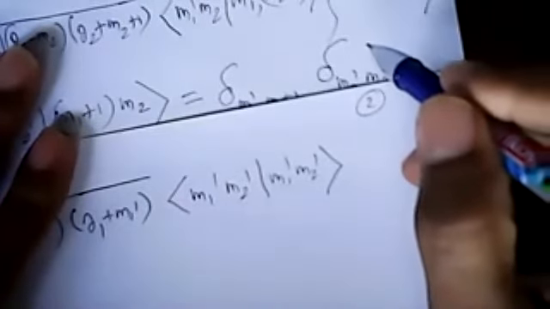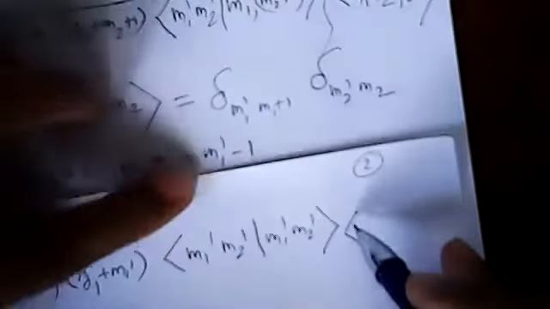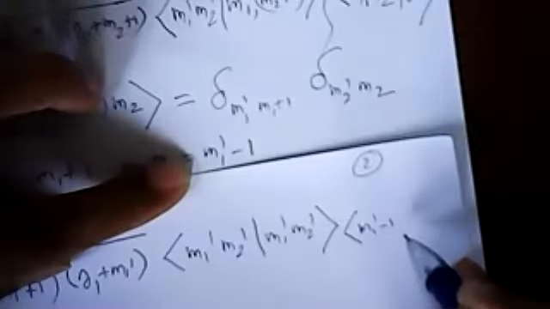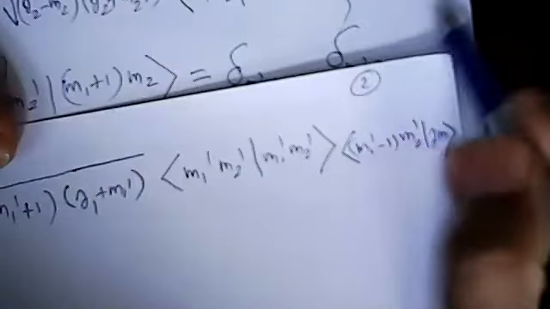Then m1 means m1 dash minus 1, m2 means m2 dash, then jm. You are substituting the corresponding coefficient from outside into the first term. So we are substituting for m1 and m2.